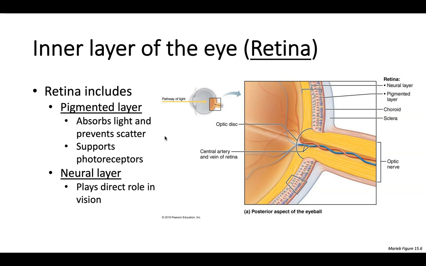So really make sure that the light is focused so you can get a clear image. Additionally, it physically supports the photoreceptors that are responsible for detecting the light. And then we have the neural layer, and that's shown in here as well. It has a lot of cells in it, and it's going to play the direct role in vision. So those are the 2 sublayers of the retina, the pigmented layer and the neural layer.